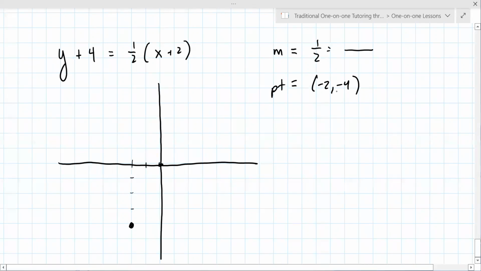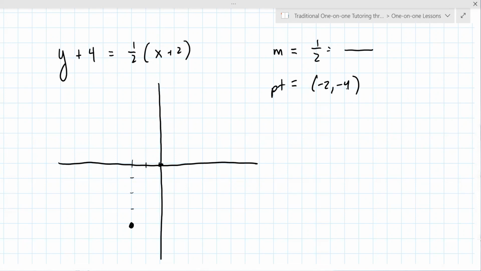Well, I'm just using this point. Negative values go left on the X, negative values on the Y go down. Okay, all right, I remember now.